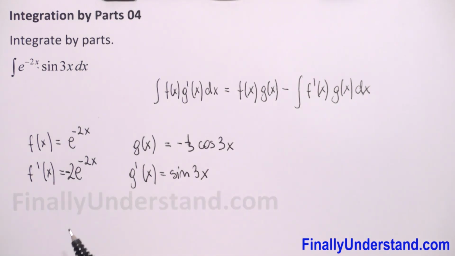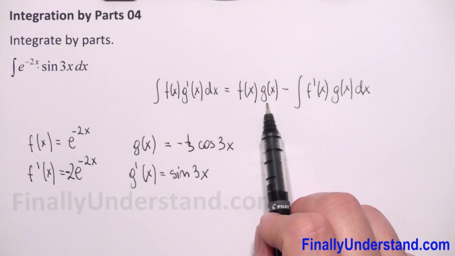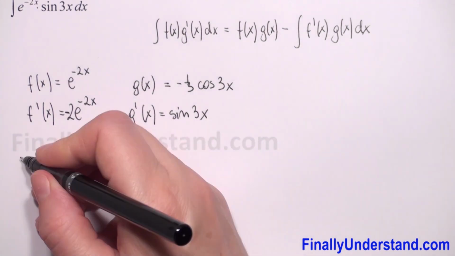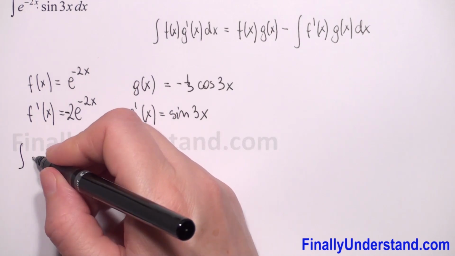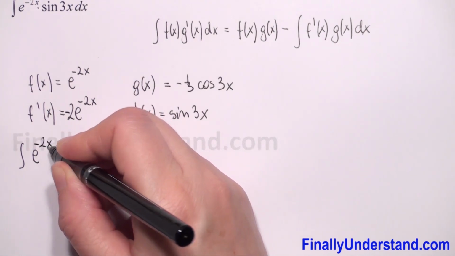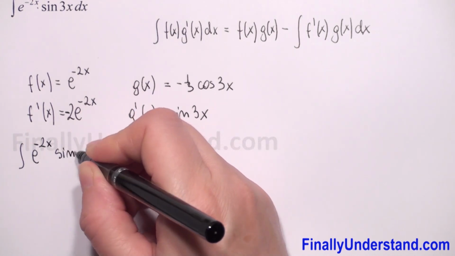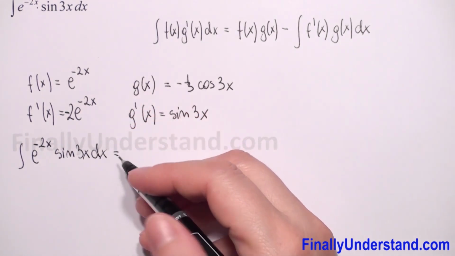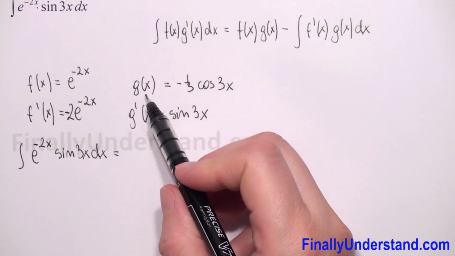So now when we have g and f prime, we can use this formula. So let me rewrite our integral. We have the integral of e to power negative 2x times sine of 3x dx. This is equal to f times g.